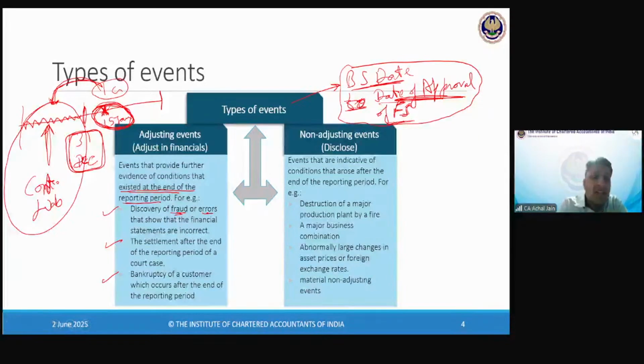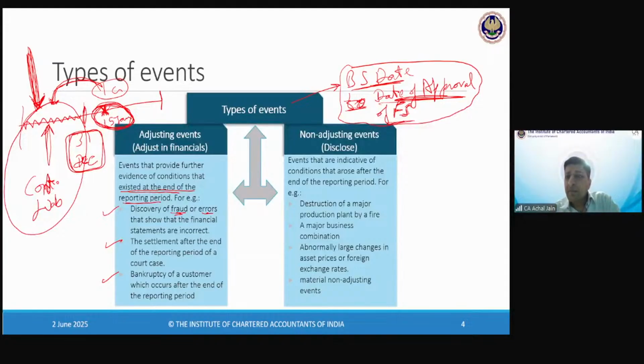Okay, means you will not be recording that in the reporting year, but a disclosure for this event will have to be included in the financial statements for the reporting year. Okay, so non-adjustment doesn't mean that you will not disclose that. You will disclose. Non-adjustment simply means that you will not recognize that. You will not measure that. When? During the reporting year, in the financial statements for the reporting year.